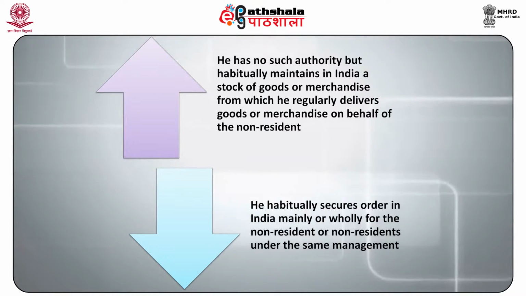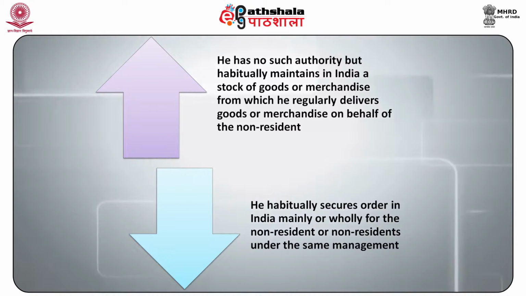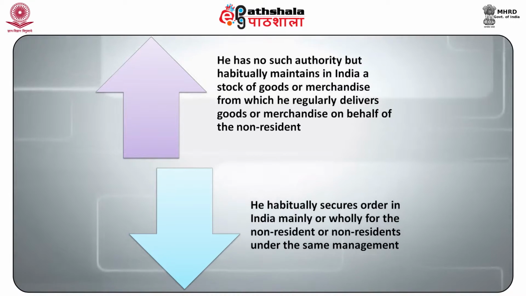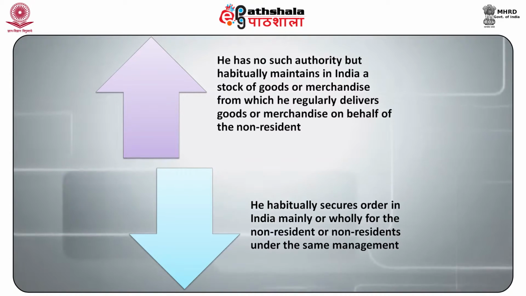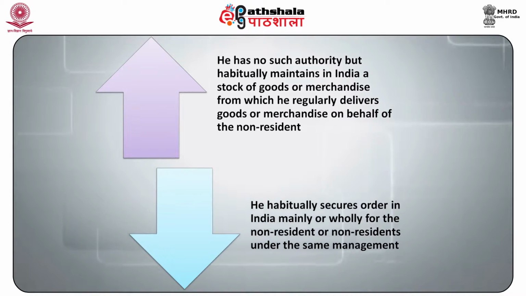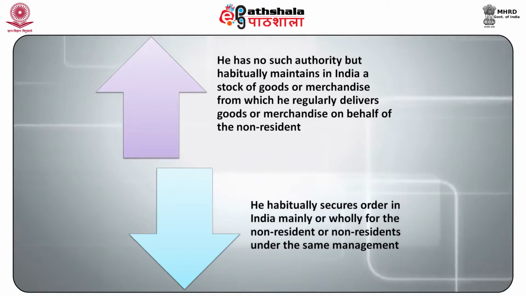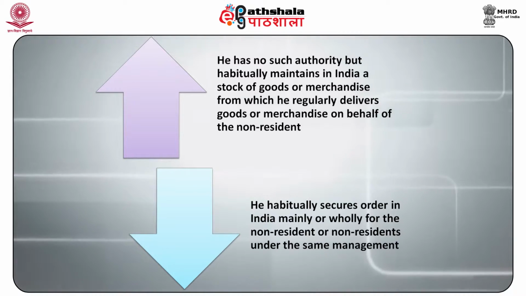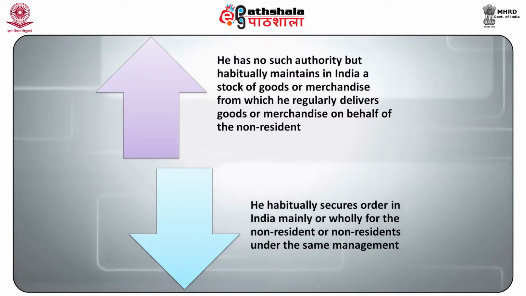Second, he has no such authority but habitually maintains in India a stock of goods or merchandise from which he regularly delivers goods or merchandise on behalf of the non-resident. Third, he habitually secures orders in India mainly or wholly for the non-resident or non-residents under the same management.